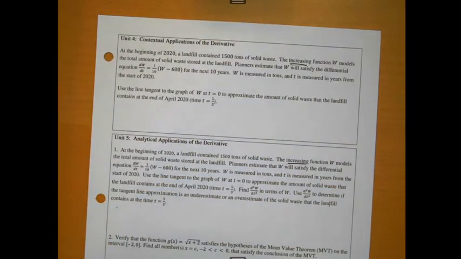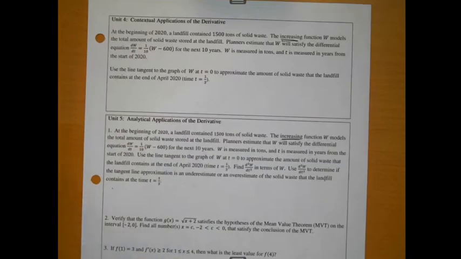So, all right, we're going to go back to the paper, and we're going to go on to the next page. And the next page is Unit 4 with contextual implications. So let's talk about that. So we have this, and what they're asking for.